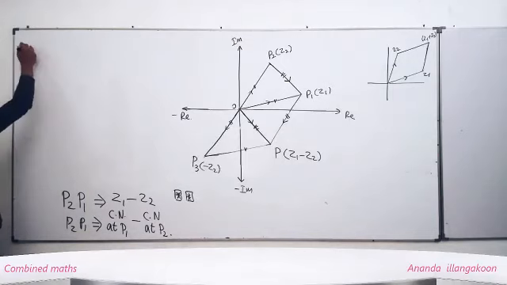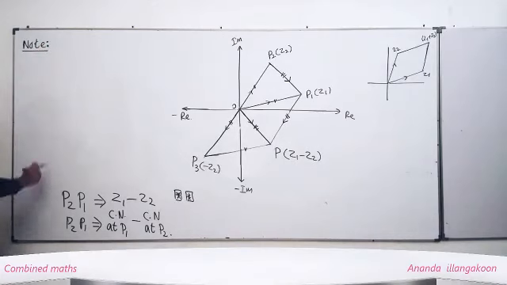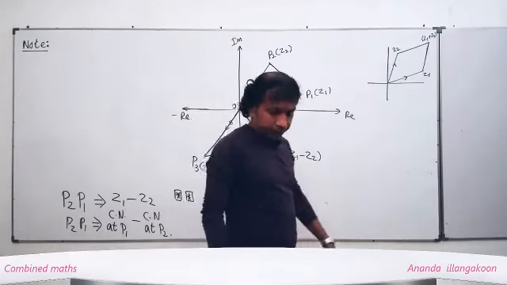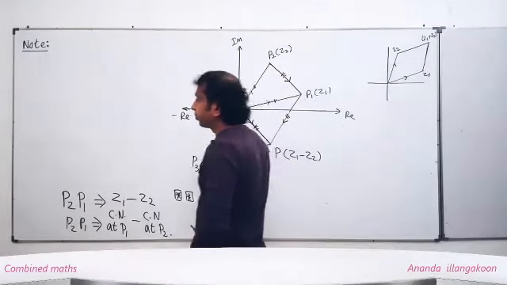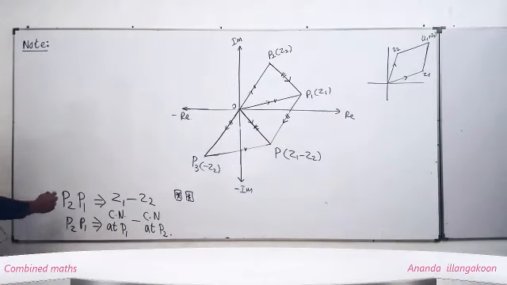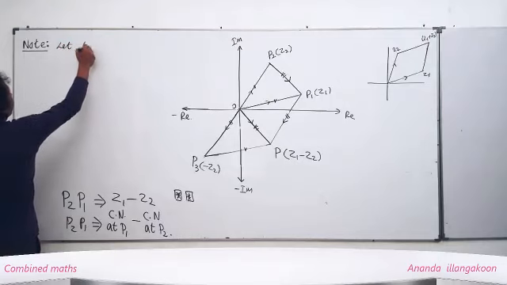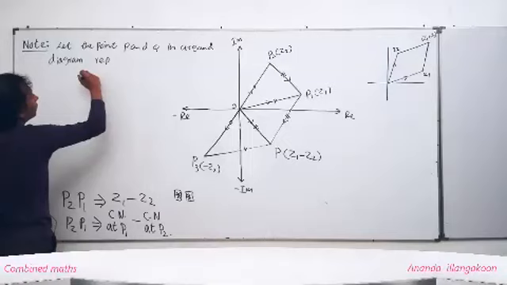Right, now come to a note like this. Write down: let the points P and Q in the plane represent the complex numbers respectively.